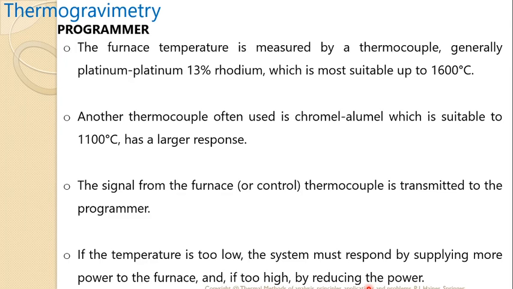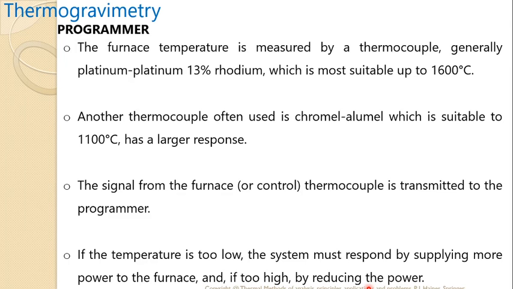Chromel is made up of nickel and chromium, having 90% nickel and 10% chromium, while alumel is made up of nickel, aluminum, manganese and silicon, having the largest proportion of nickel at 95%, 2% aluminum, 2% manganese and 1% silicon. This material gives a larger response, about 40 microvolt per Kelvin, but it is easily oxidized.